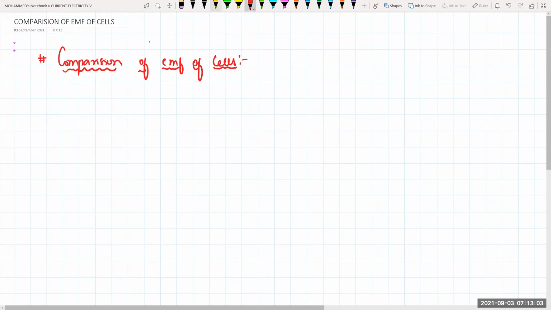Let me draw the circuit diagram for the potentiometer. This is the negative terminal, positive terminal, negative terminal, positive terminal. This is your primary circuit. To this primary circuit, this is your potentiometer wire.